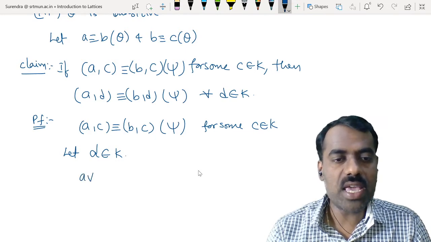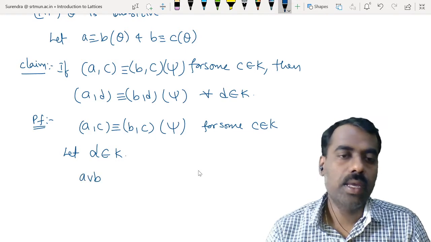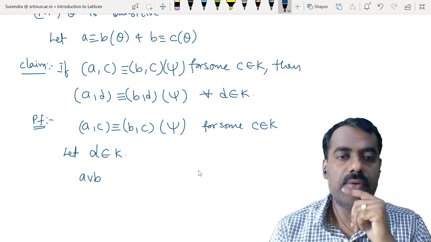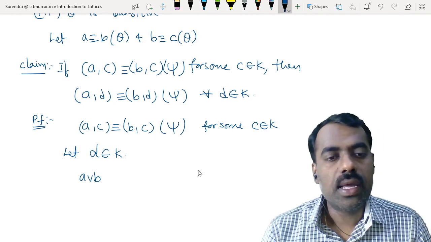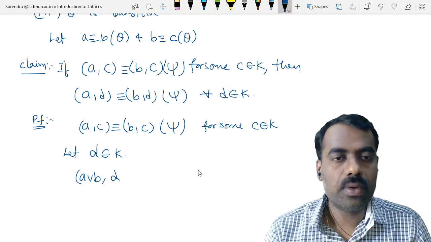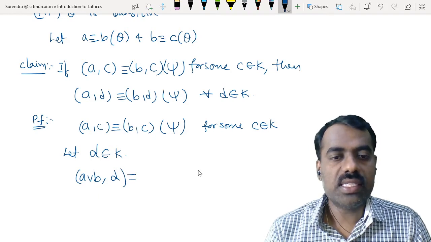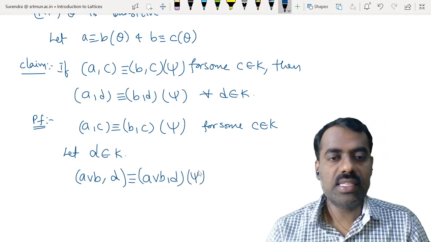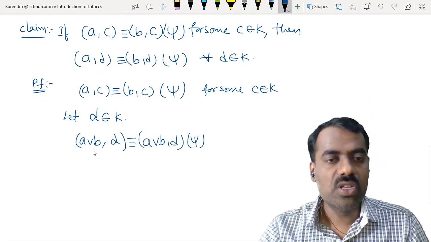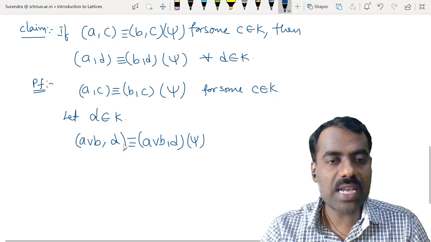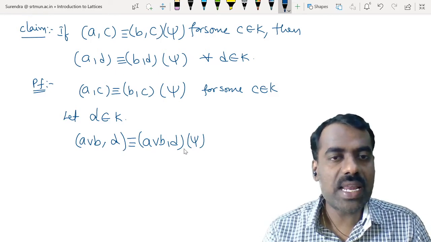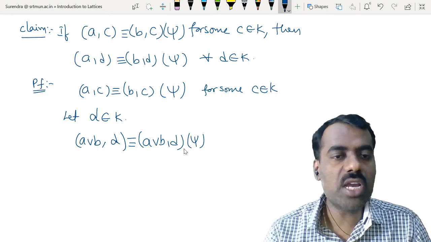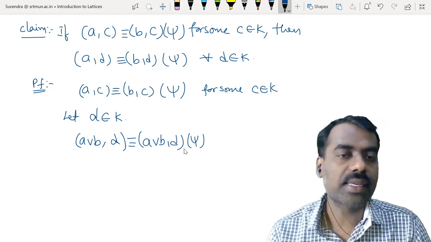Suppose I take A join B, then if I meet with A, I will get A only. If I meet with B, I get B, and then you take D, D in K. This is congruent to A join B comma D, with D in K. This is reflexive, right? Psi is reflexive. So I have taken one element A join B comma D and A join B comma D. Remember A and B are in L, so A join B is in L. So this is in L cross K, right?